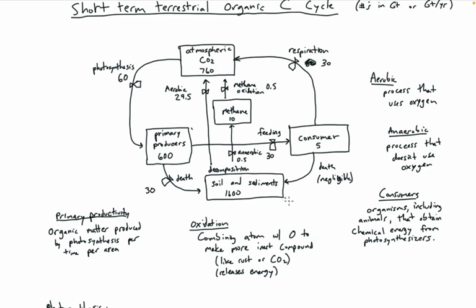That process we didn't put on here because it's more of a longer term cycle, but it's on the order of 0.1 gigatons per year of carbon turned into some form of rock, which is very small compared to this, but it adds up over those long time scales and makes a big difference.